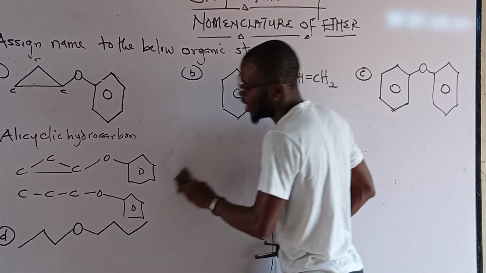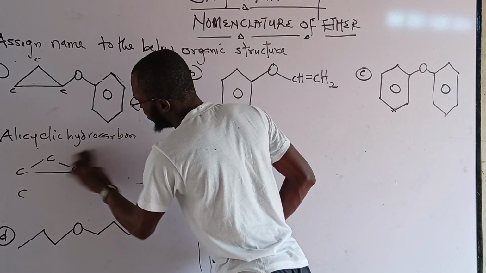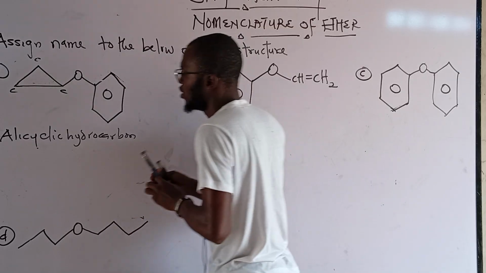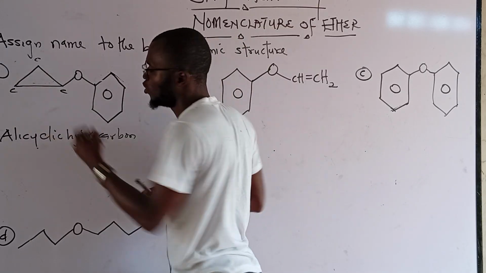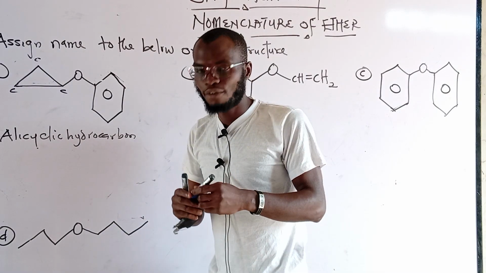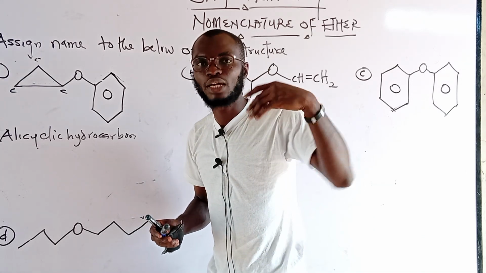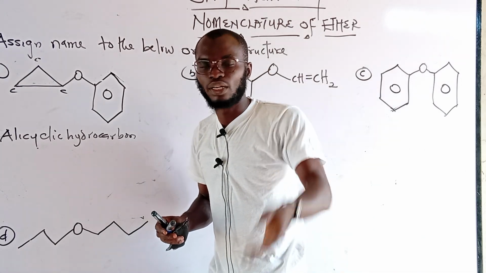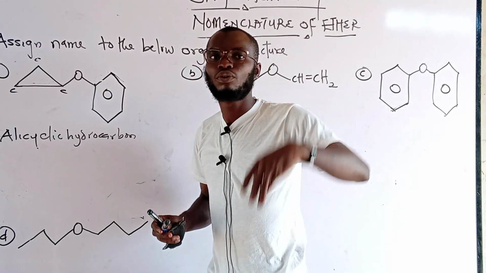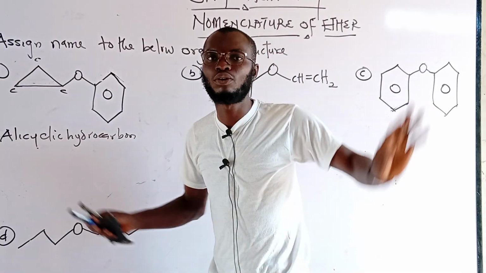So examples of alicyclic hydrocarbons are, let's start from this one. We have cyclopropane, we have cyclohexane, we have cyclobutane, we have cyclopentane, and so on and so forth.